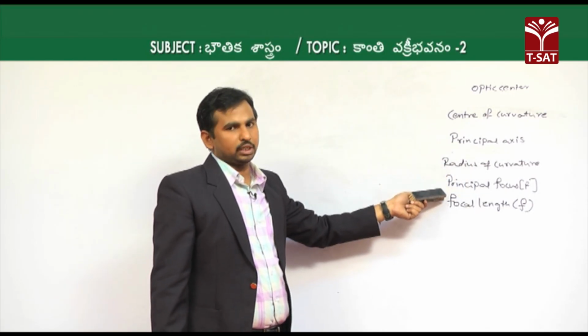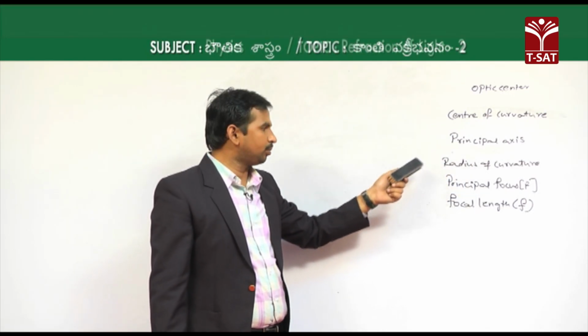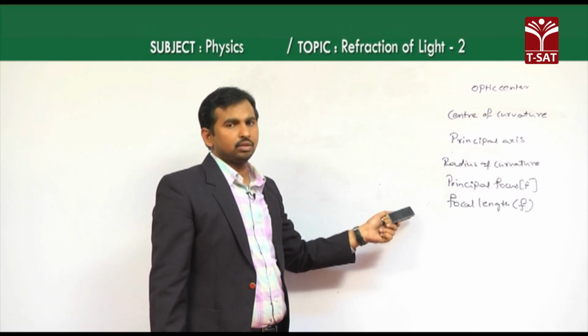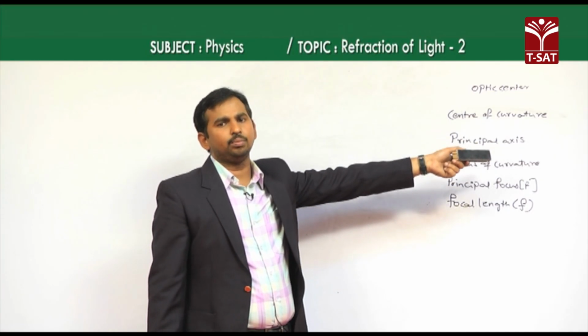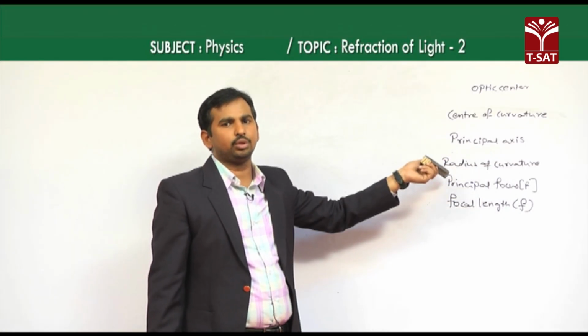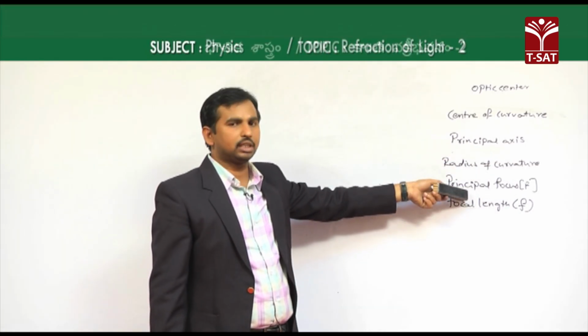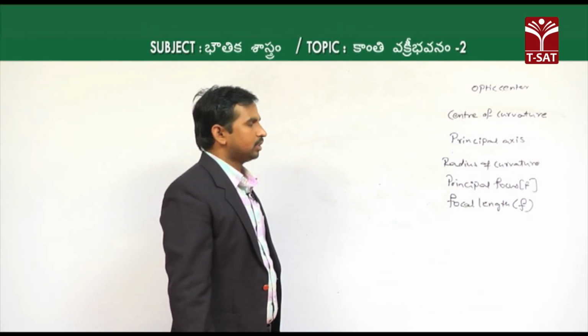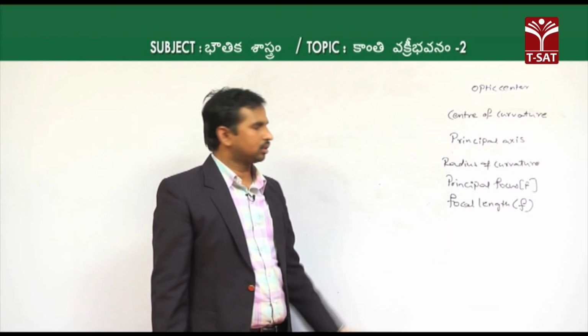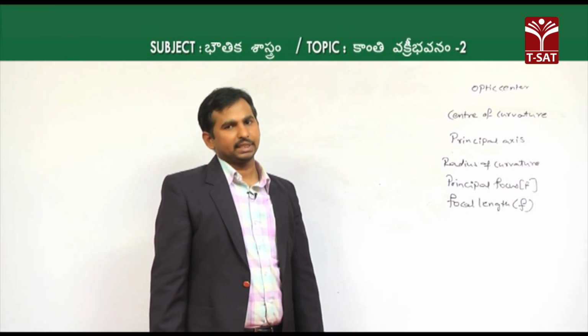Principal focus is the point where the light rays converge, or appear to converge. That point we call the principal focus, and focal length is the distance from optic center to the principal focus.